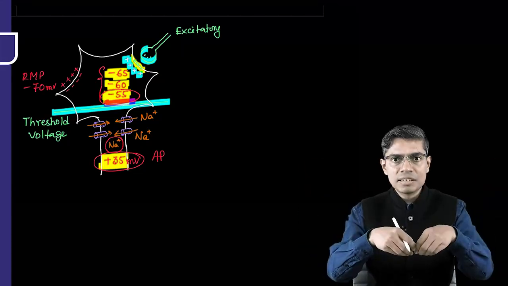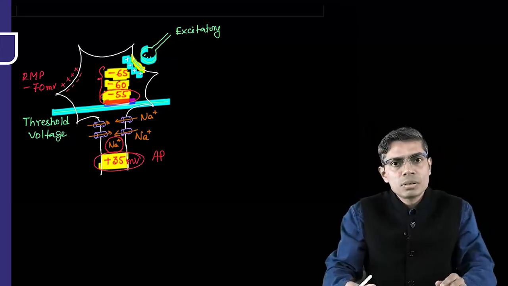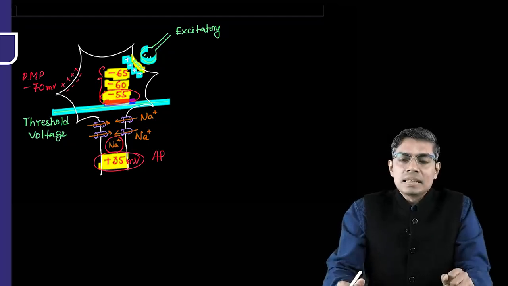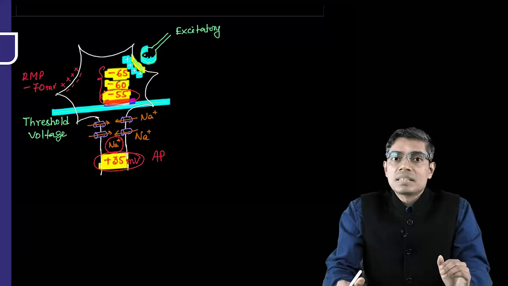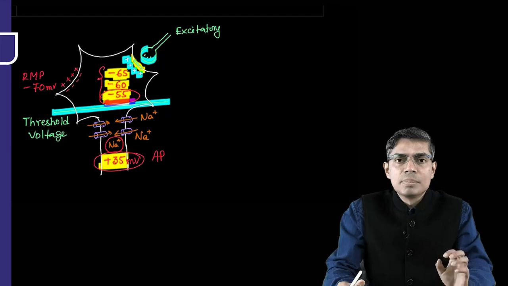A huge amount of sodium will influx, and due to that the membrane voltage will suddenly shoot to plus 35 millivolt, and that is nothing but action potential generation. So action potential is nothing but a sudden change in membrane voltage from threshold to plus 35 or maybe plus 30 millivolt, right? Getting my point?